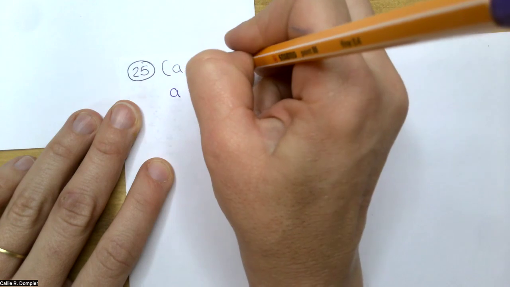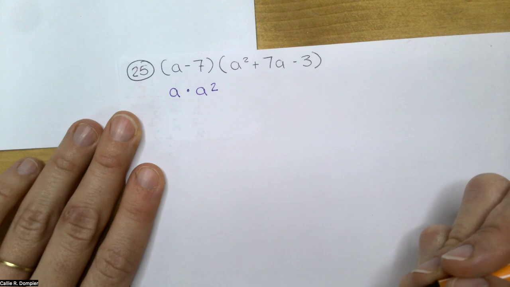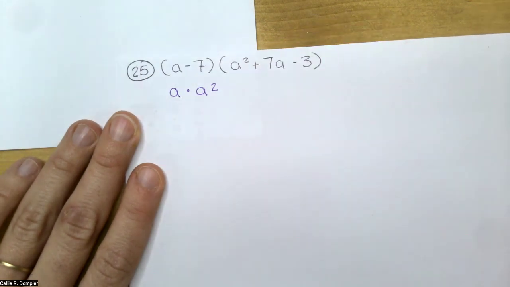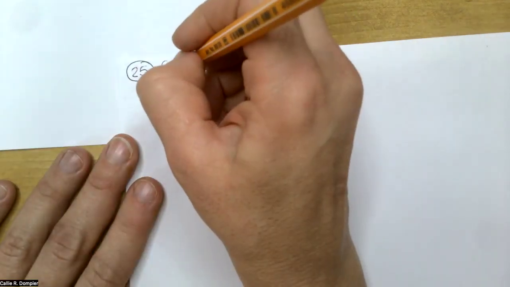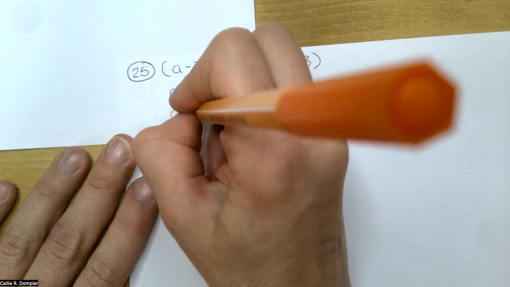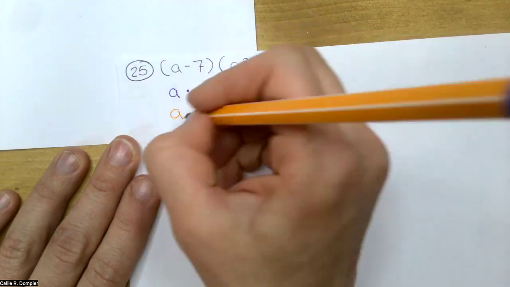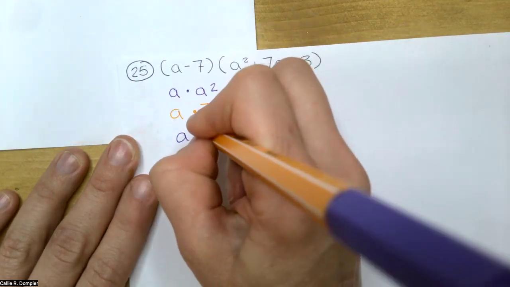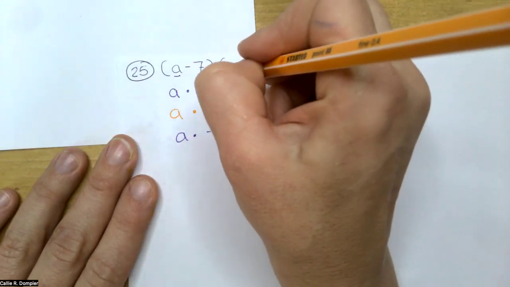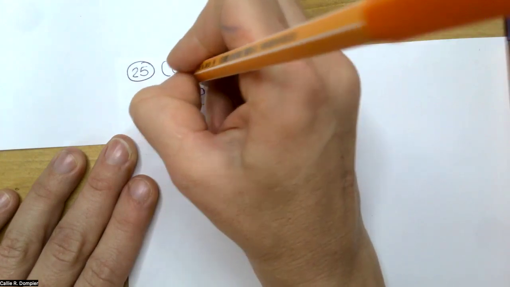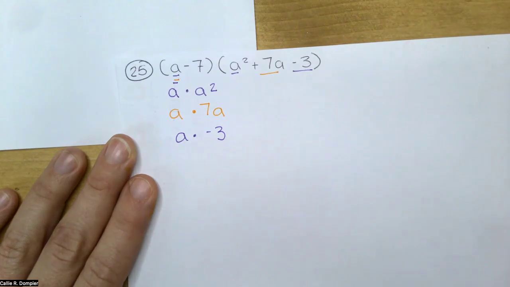First thing we're going to do is a times a squared. Good. And then we're going to do a times 7a. And then we're going to do a times -3. So I took that a times this one, a times this one, and a times this one, right?